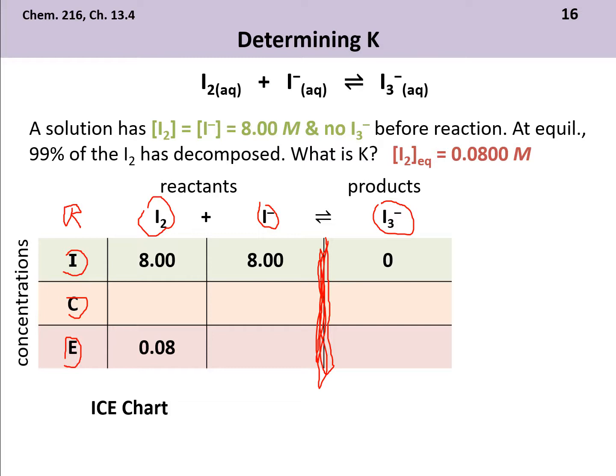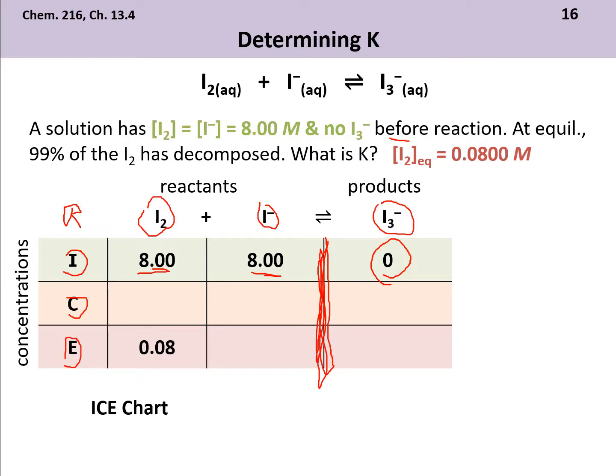All right, so now what we do is we write in the information we know. We know that we start off with 8 molar of the I2 and the I minus. We were told this was before reaction, or initial. We're told that we had no I3 minus at the beginning, so 0.